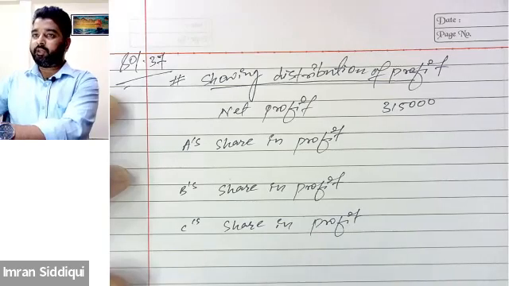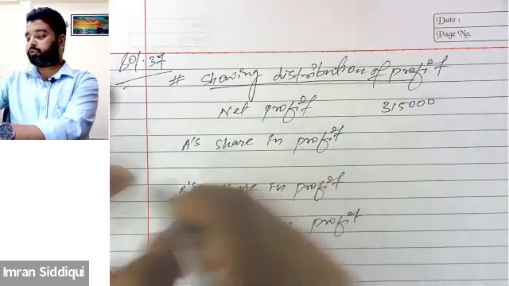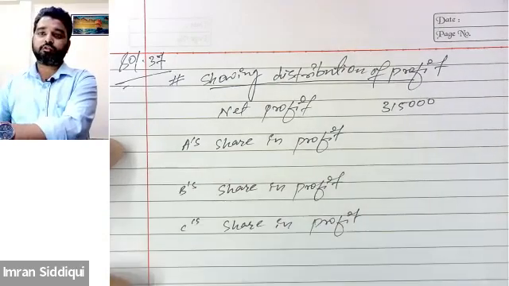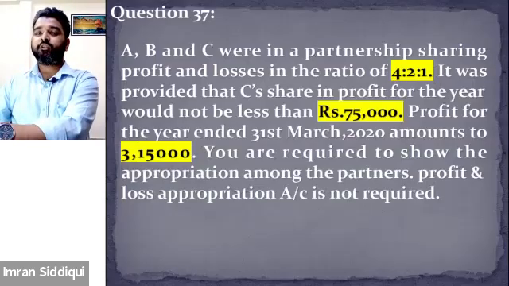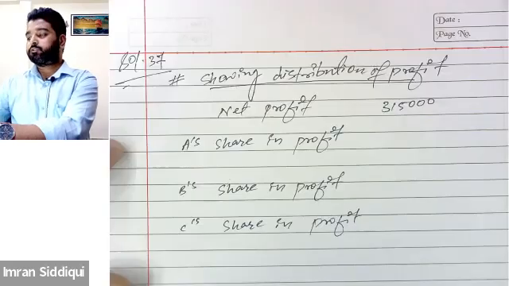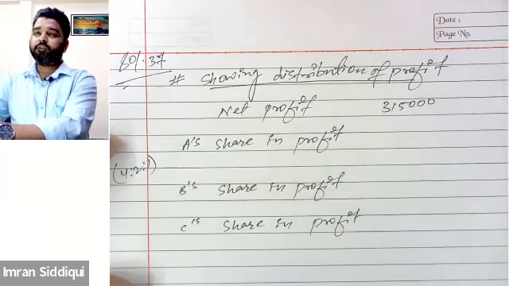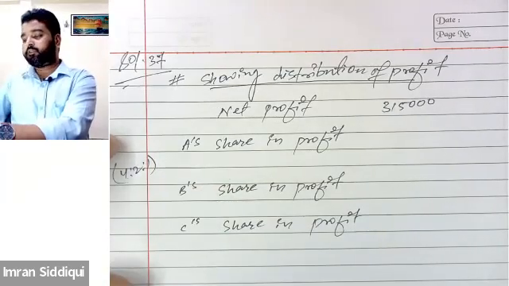Okay, so for A's share in profit, you need to know their profit sharing ratio. Since the profit sharing ratio is also given in the question, it is 4:2:1, right? This profit will be appropriated, divided among the partners in the given ratio.